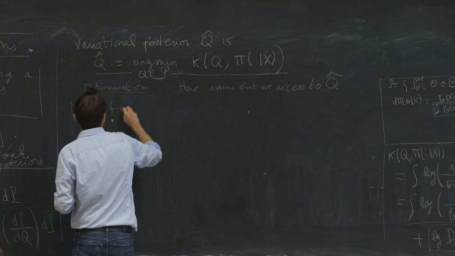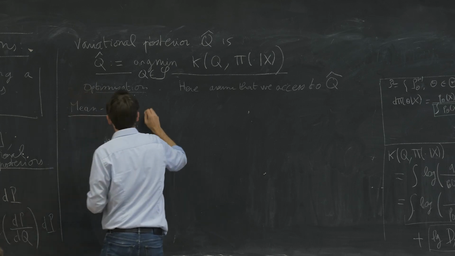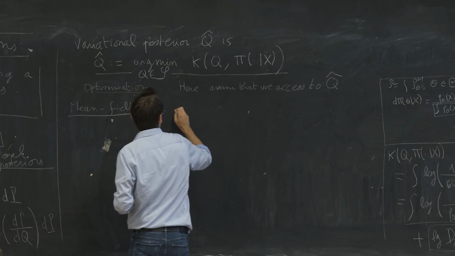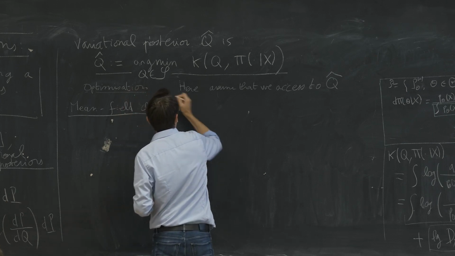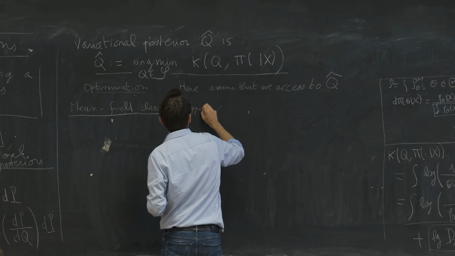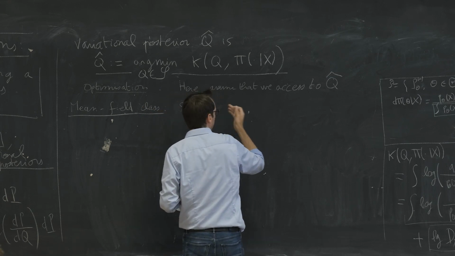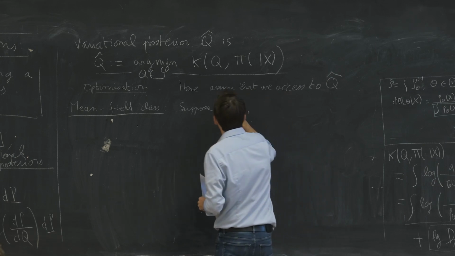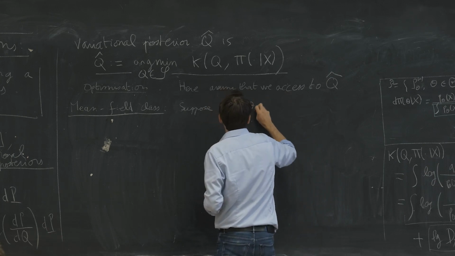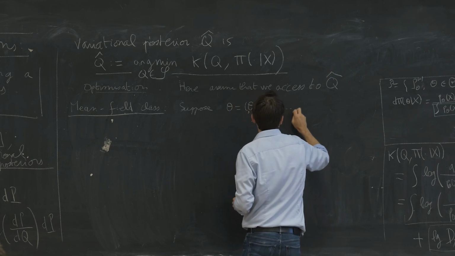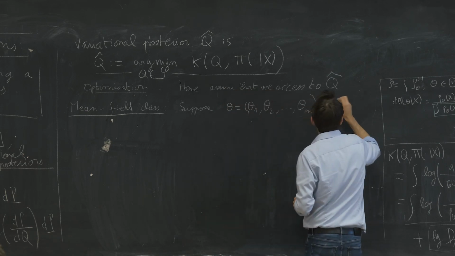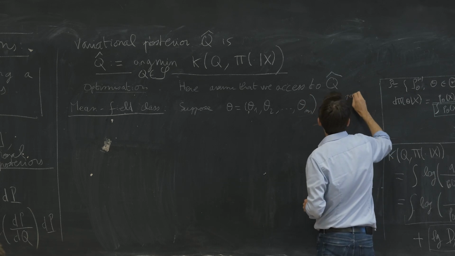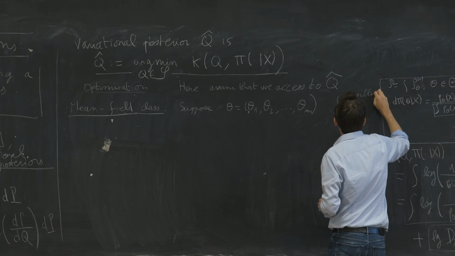Okay, so let me just formalize a little bit the concept of mean field class. So suppose that the parameter theta, for simplicity, since I want to do something product class, I will assume that the parameter is a product with possibly m either an integer, but I also allow that m is infinity.